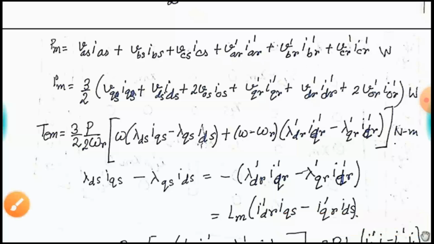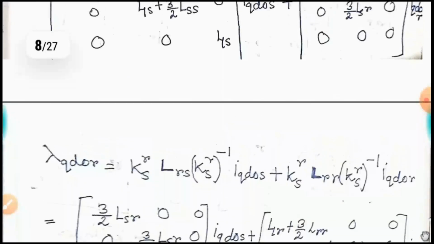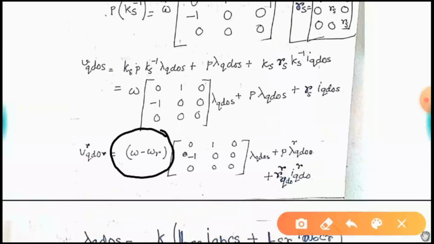So this power, we know that this will be coming. How this is coming, you should already be familiar with this. And one important and interesting thing here, we must note that while we are talking about the speed voltage, it is very interesting that our VRQD is not omega R. I have already discussed, it is omega minus omega R, where omega is the arbitrary speed.